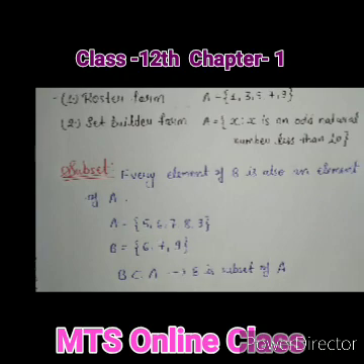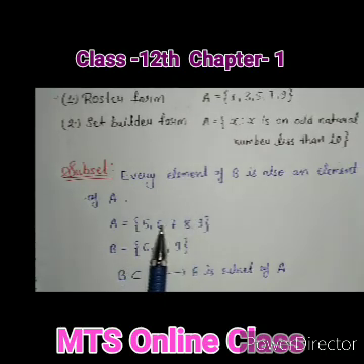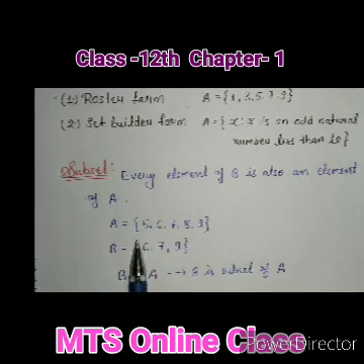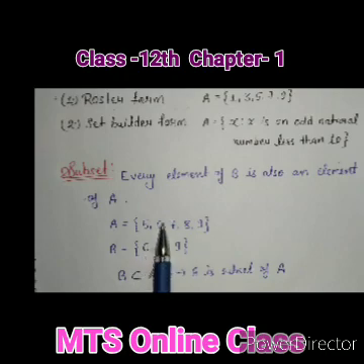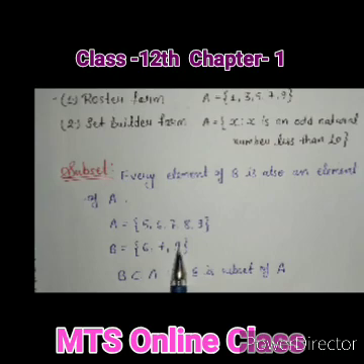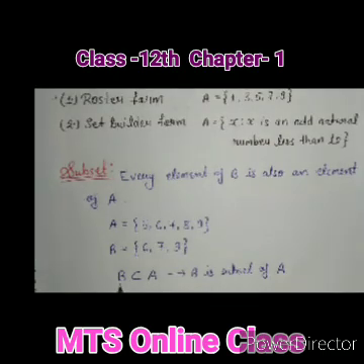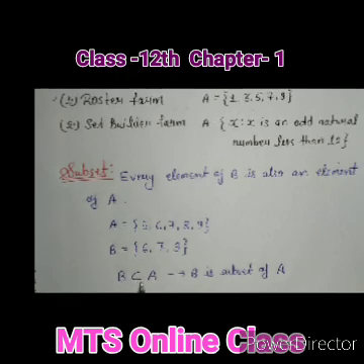Every element of B is also an element of A. Here you see 5, 6, 7, 8, 9 are in A, but in set B, 6 is here and here, 7 here and here, 9 here and here. So we can say B is a subset of set A, and symbolically we represent it as B subset of A.